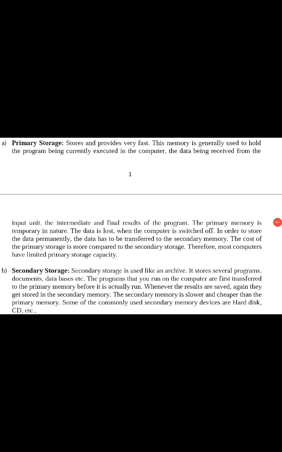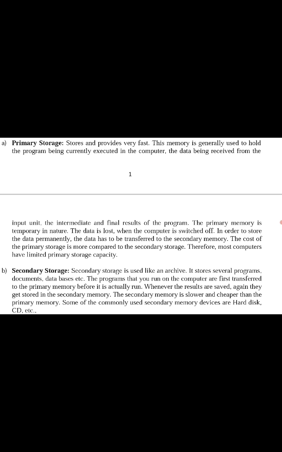And it is also used to hold the intermediate and final results of a program, and it is temporary in nature. Means the primary memory is temporary. It is also called a volatile memory.